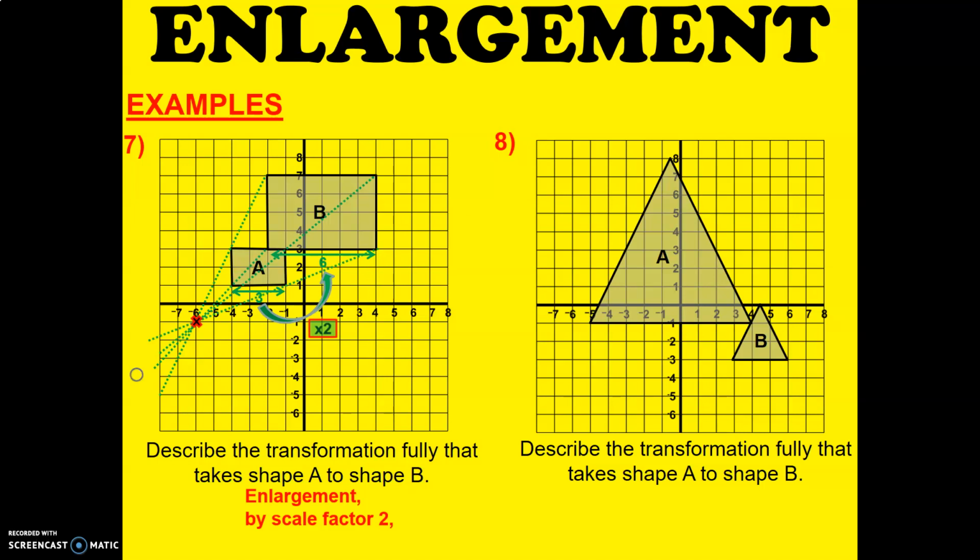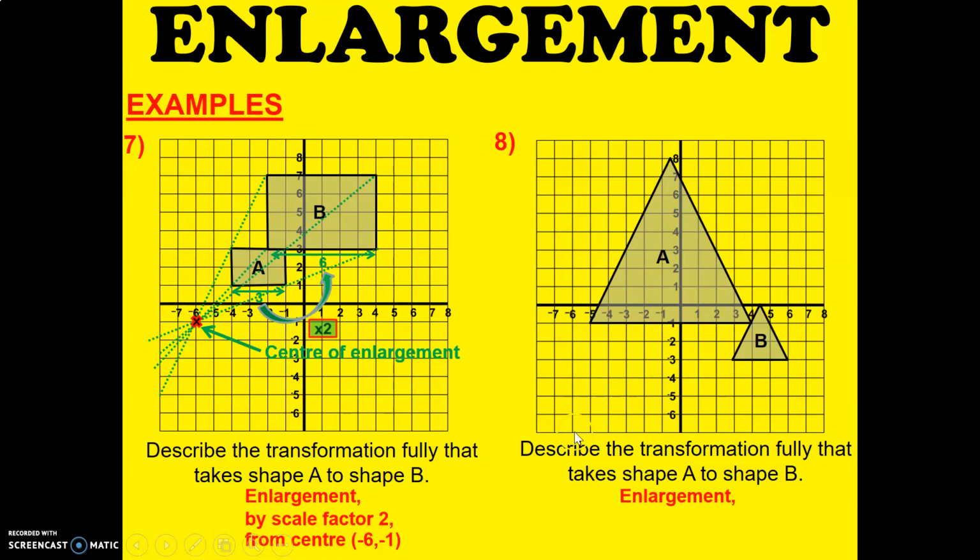Then the third line and the fourth line, creating our center of enlargement. The points of intersection of those lines will be our center of enlargement. And that is point -6, -1. So it's an enlargement by scale factor 2 from center -6, -1.